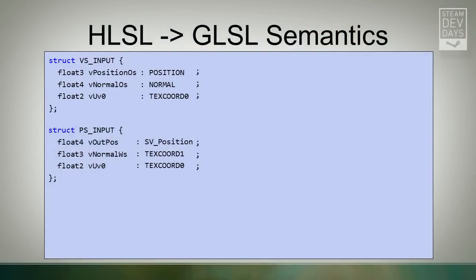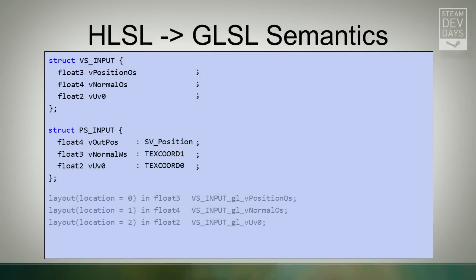So as I mentioned, this translator parses the HLSL semantics, and I wanted to show you a little bit about how that works. So here we have a vertex shader input and output structure, and what our parser would do is look at the semantics on the input structure, and look at the names of the variables, and basically strip out these semantics, and from the input variables we'll generate global vertex attributes.